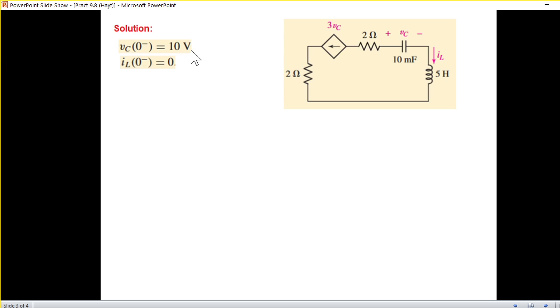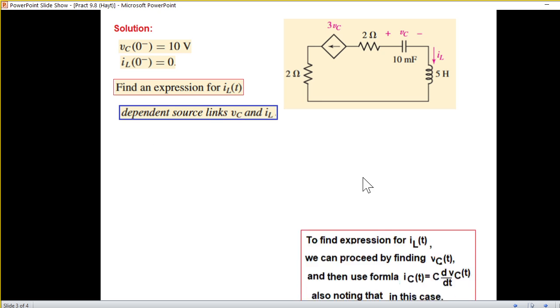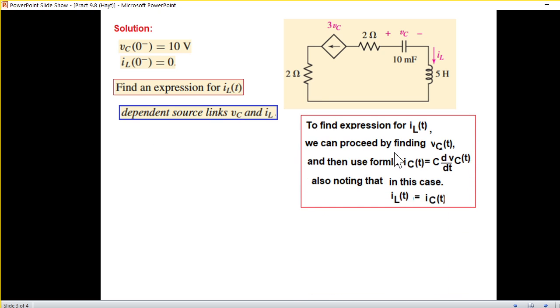These are the initial conditions that are given. And the question says you have to find an expression for iL(t), the current through the inductor. And as we just learned that the dependent source links vC and iL, we have to keep this in mind. So the logical sequence should be to find an expression for iL(t).